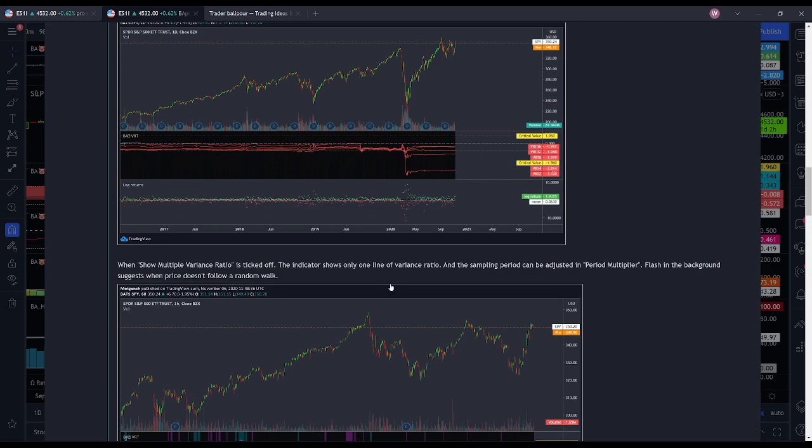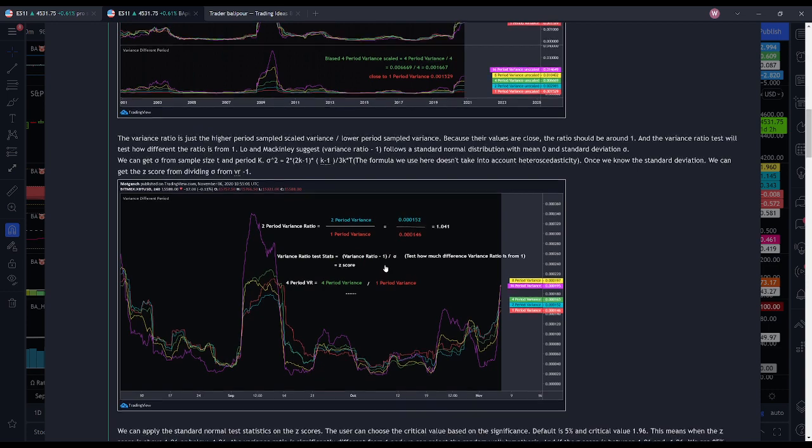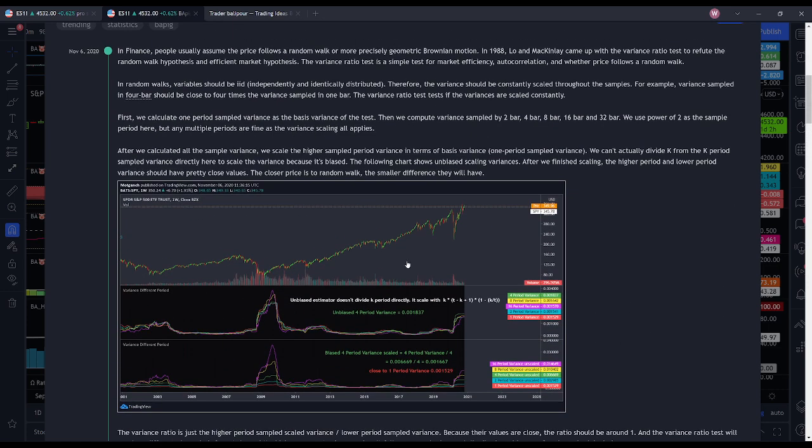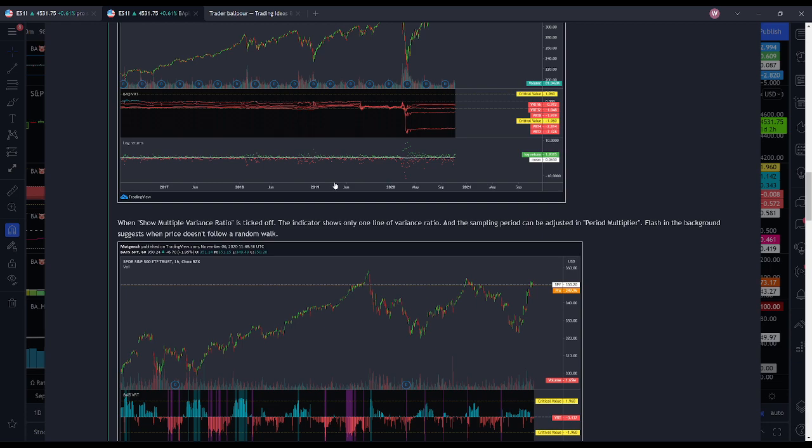Other than that, don't put too much into it. Just read it the way it's put in the description: being above the yellow lines means price is not following a random walk.